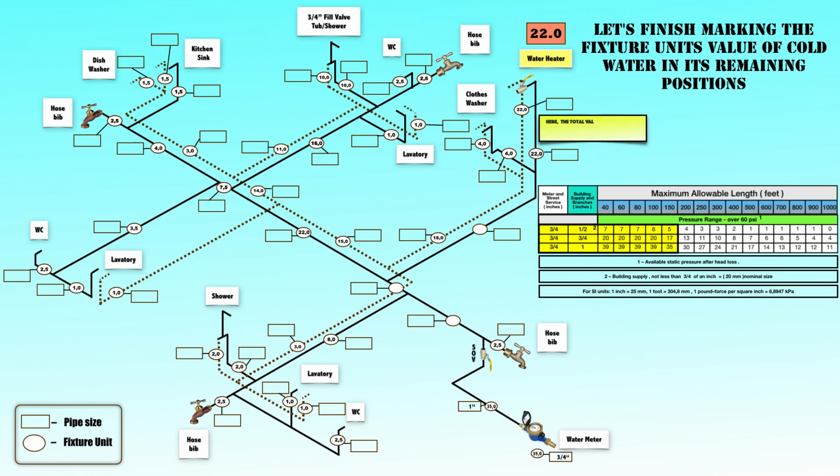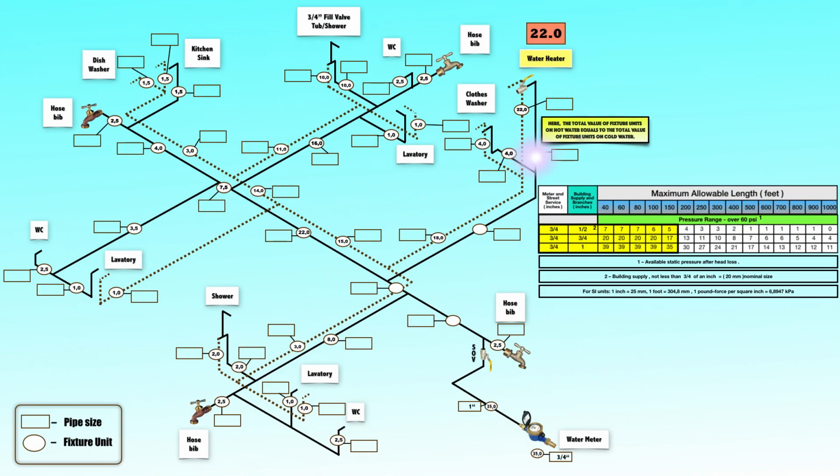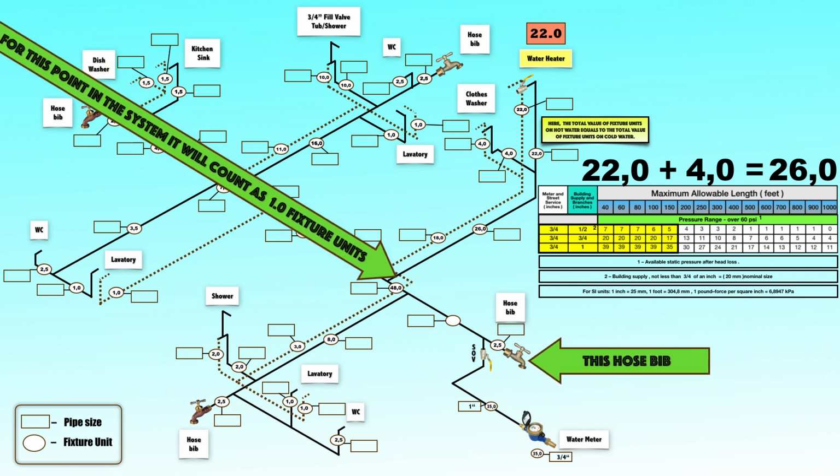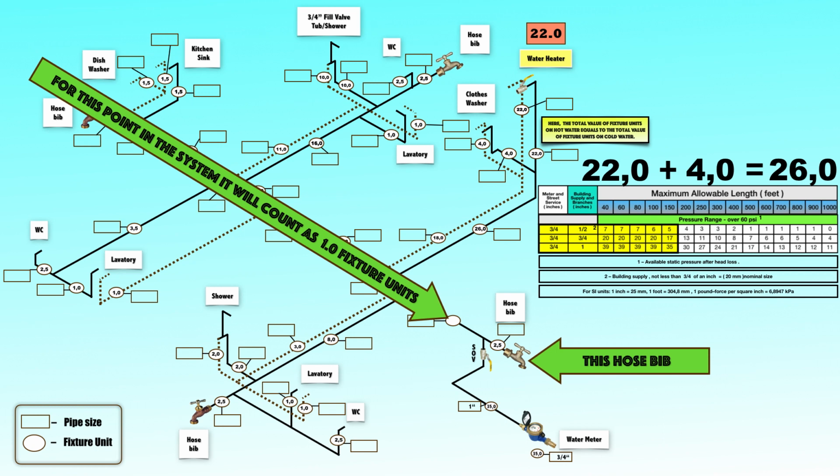Here, the total value of fixture units on hot water equals the total value of fixture units on cold water. This hose bib, for this point in the system, will count like 1.0 fixture units.